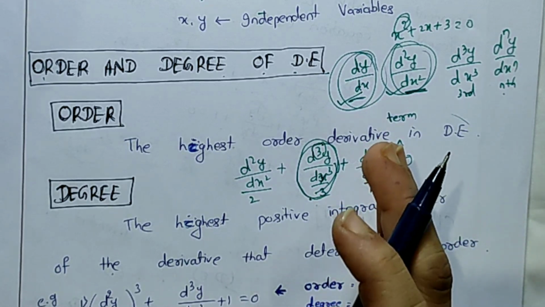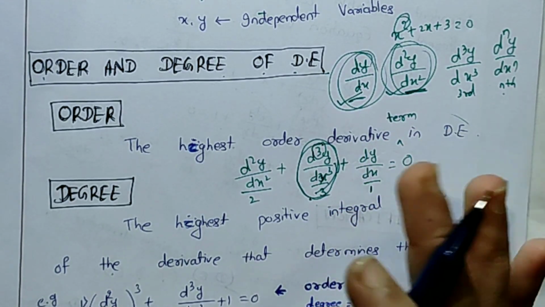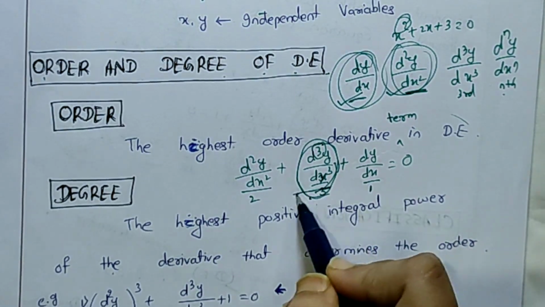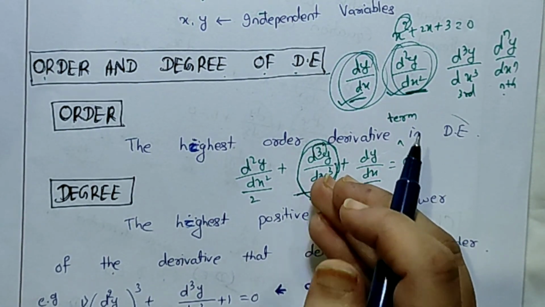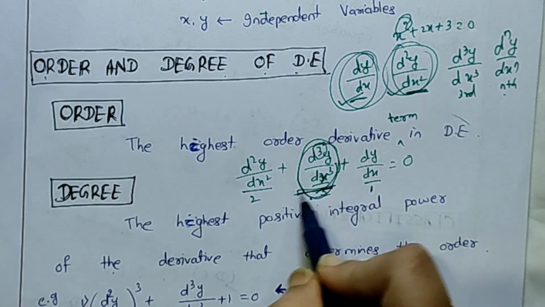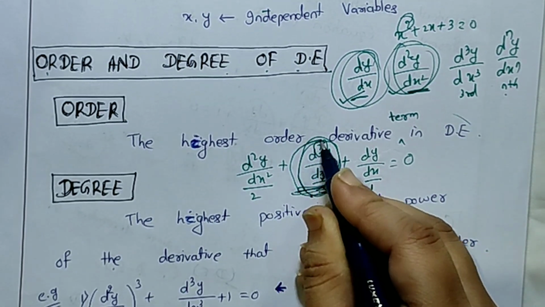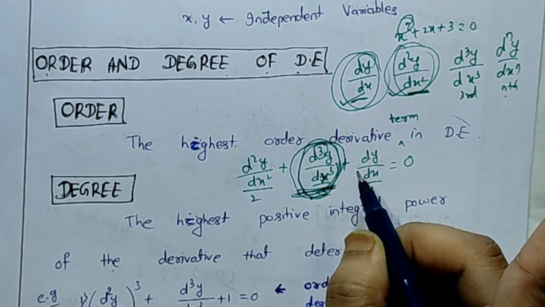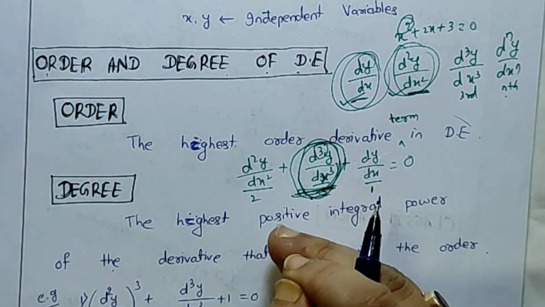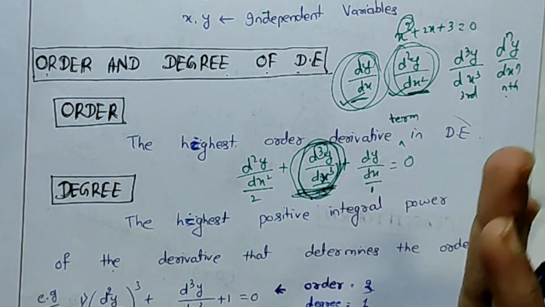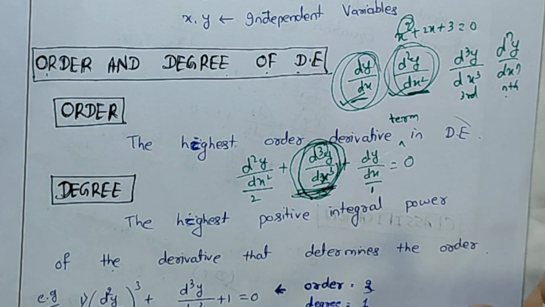The highest order derivative term is the order of the total differential equation. So this is the term which defines the order, and the power of this term is the degree.